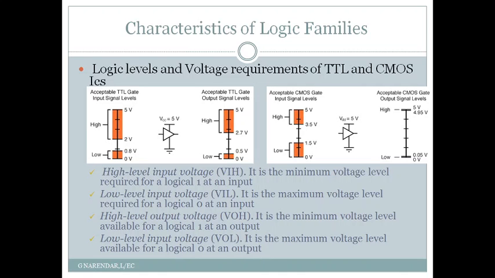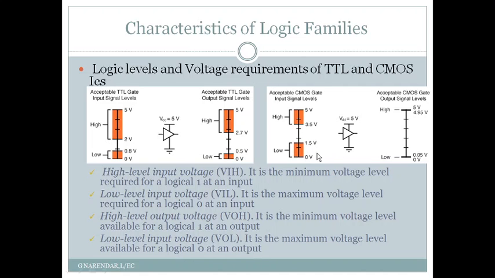So next we'll look at the logic levels and voltage requirements of CMOS logic gates, CMOS ICs. So here, similar to the TTL, for CMOS logic gates, the voltage requirement is 5 volts, which is the maximum voltage, and least voltage is 0 volt.